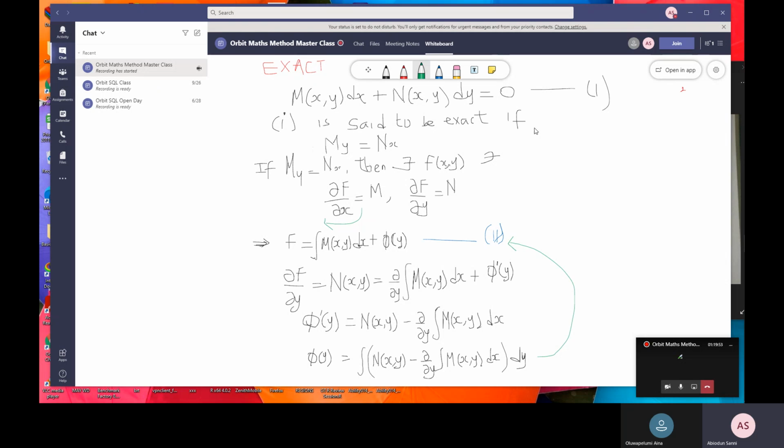So f is now equal to the integral of M of x comma y dx plus my phi of y, which is the integral of this inside bracket N of x comma y minus d/dy of the integral of M of x comma y dx, then dy, and close the bracket.